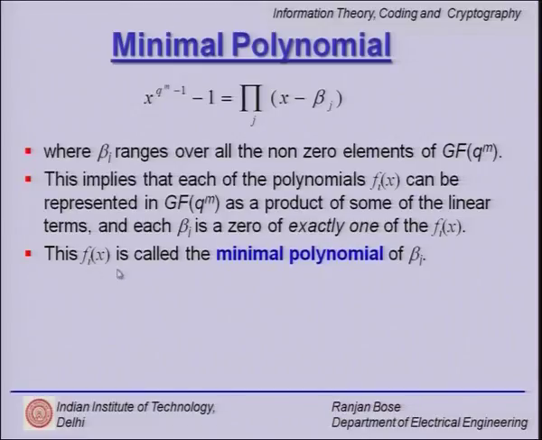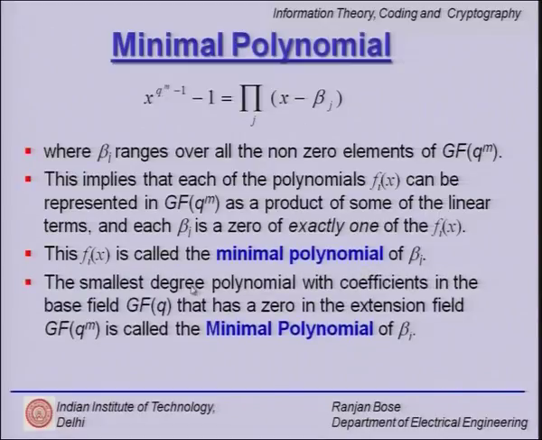Now, this f_i(x) is called the minimal polynomial of b_j, all right. So, it is very clear from this. So, a combination of that will be the minimal polynomial. The smallest degree polynomial with coefficients in the base field, okay, but has a 0 in the extension field. Why? Because b_j's are the elements of the extension field, is called the minimal polynomial of b_j.